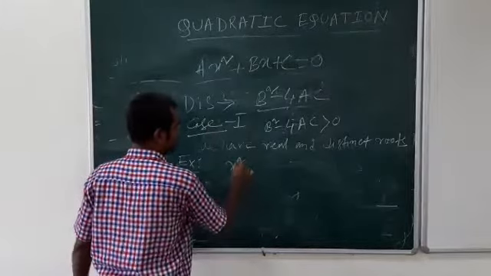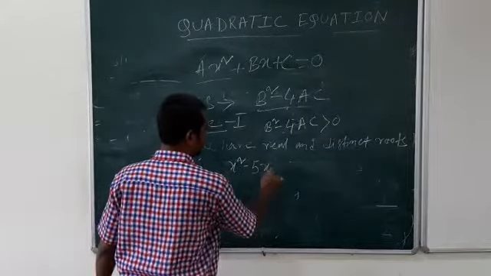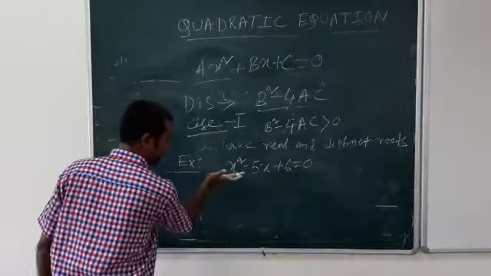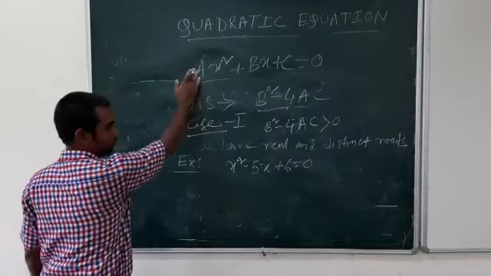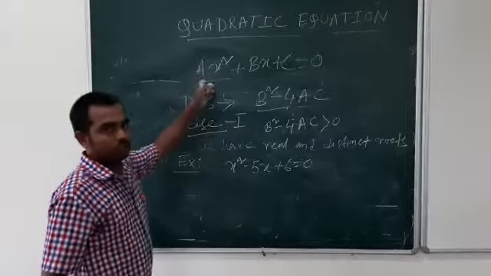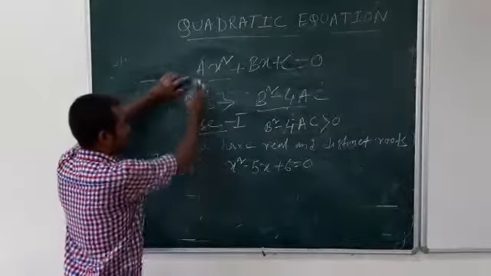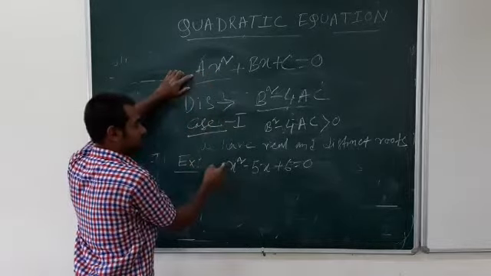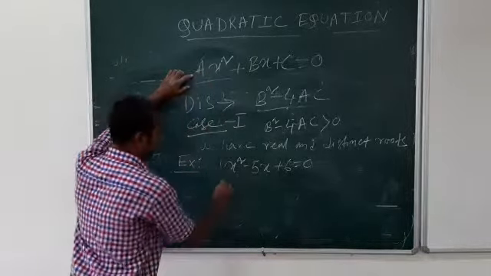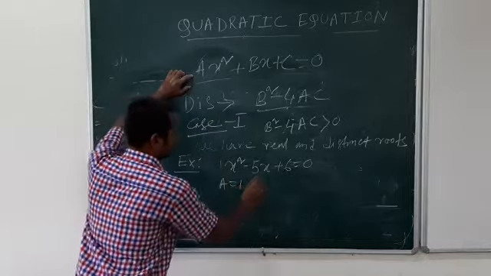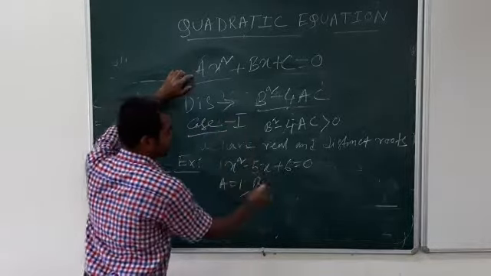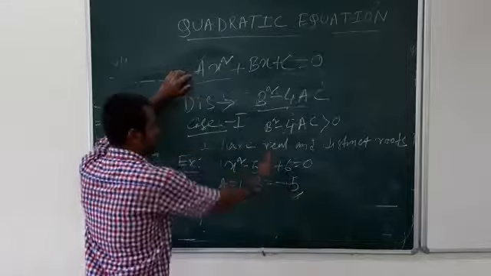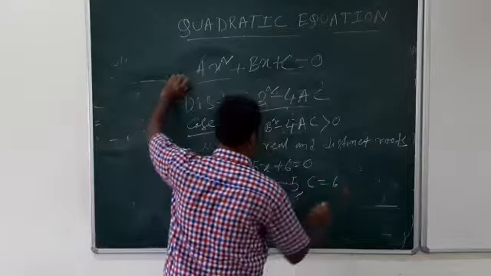For example, x square minus 5x plus 6 equal to 0. Comparing this with the standard quadratic form, here the x square coefficient is 1. So a equal to 1, b is equal to minus 5, c is equal to 6.